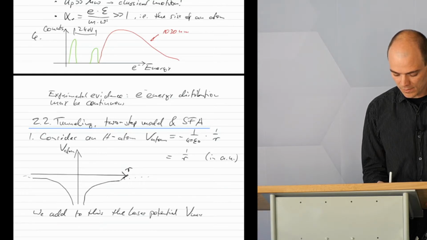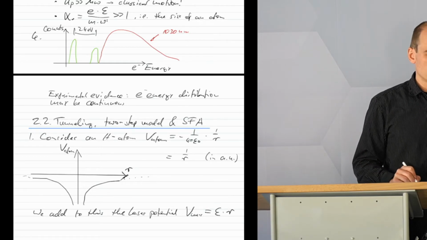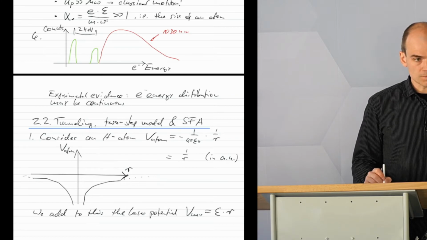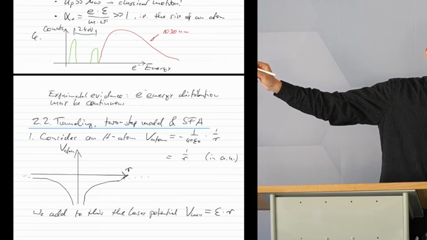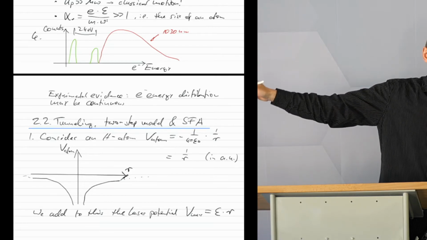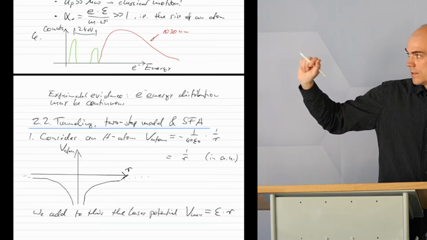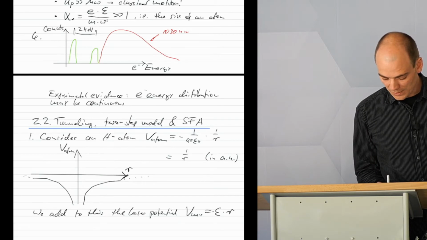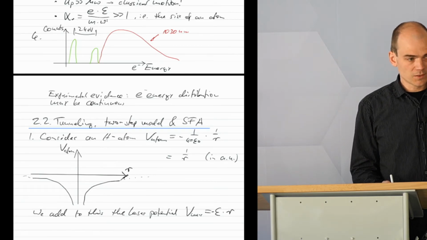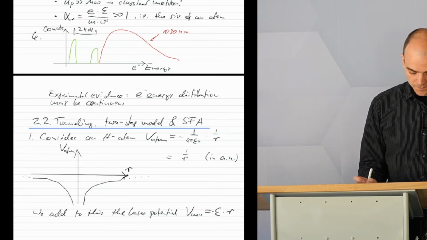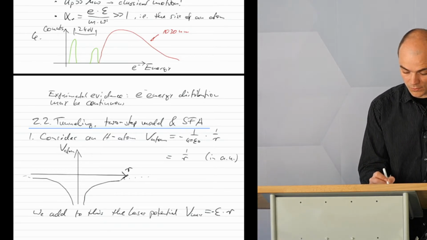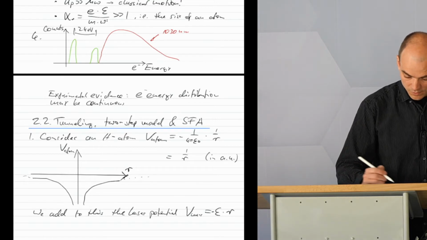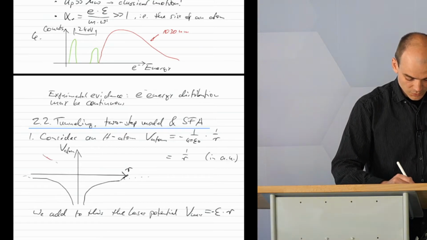V laser equals E times R. If you differentiate this by R, dV over dr, this gives the electric field. Okay, I guess I should use a minus here, because it's minus dV over dr.